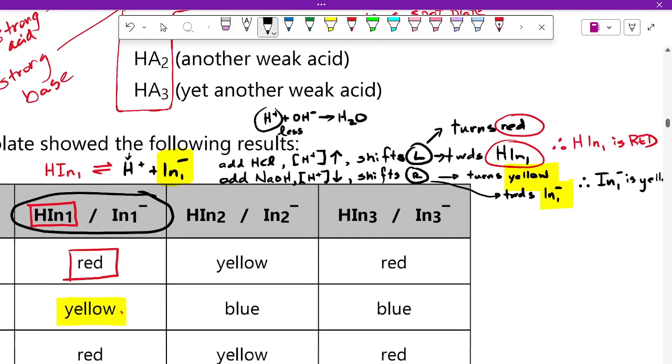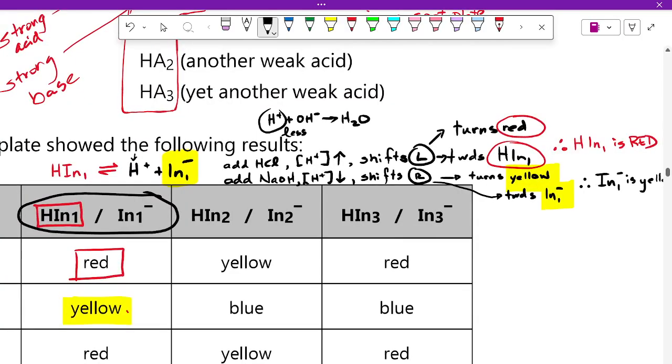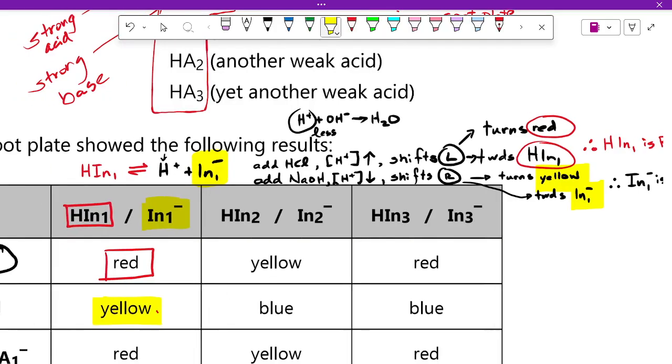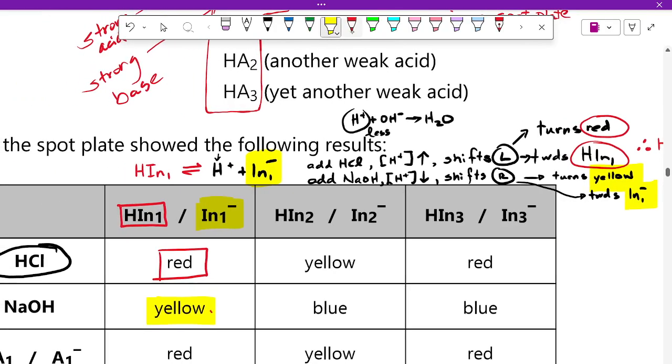Could you go through the results for HIn2 and HIn3 and figure out what color each of those things is? I know you don't have 7,000 colored pens like me, so I'm just going to write red, and this one will be yellow.